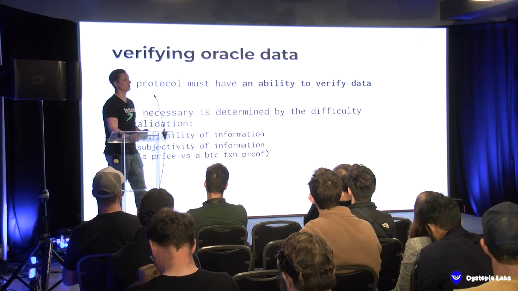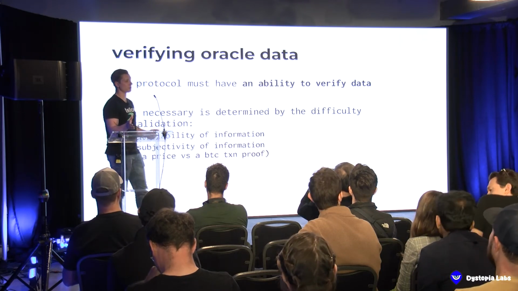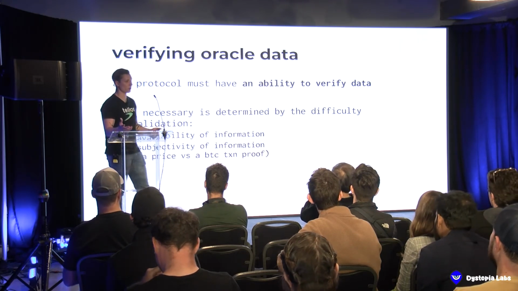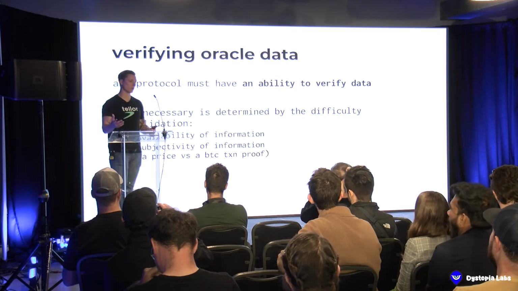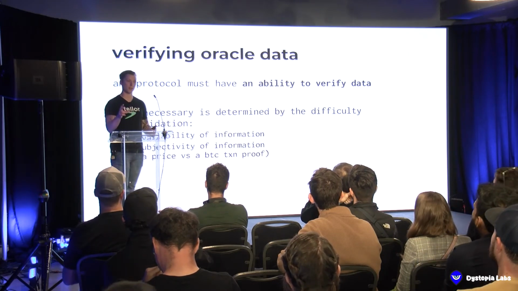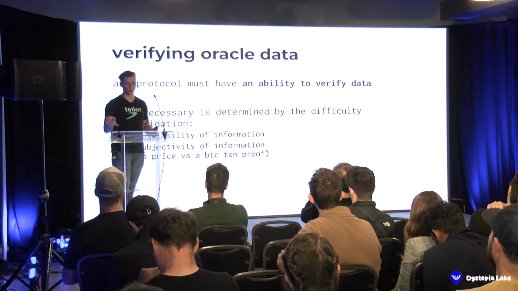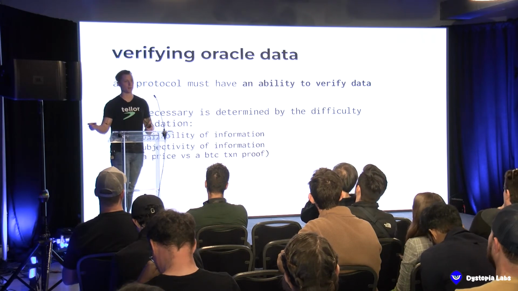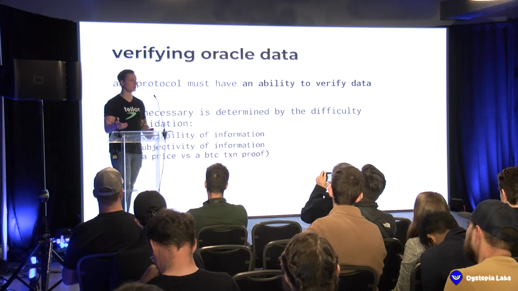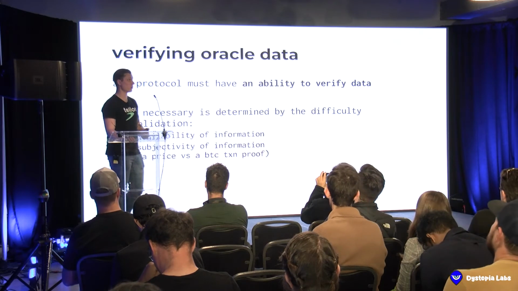Whenever you're structuring your DeFi protocol or any protocol that relies on oracle data, make sure it's easy to verify and that you know what cases can happen when a dispute comes up. Because we've had some.